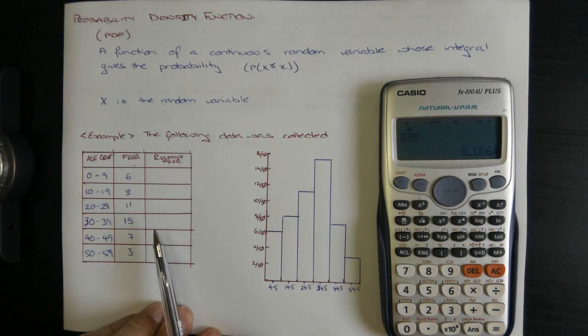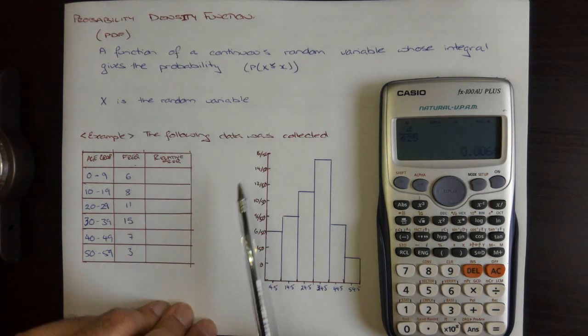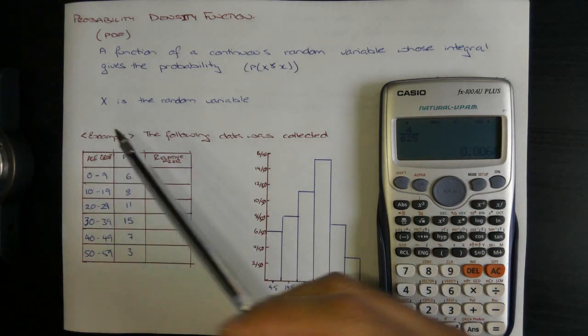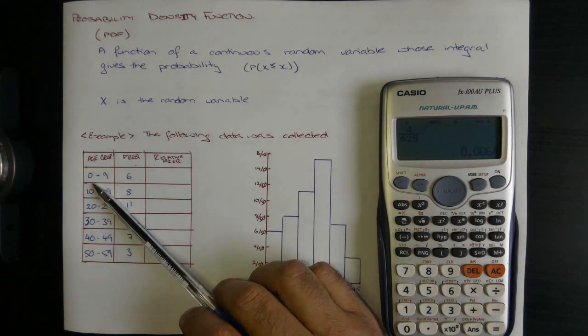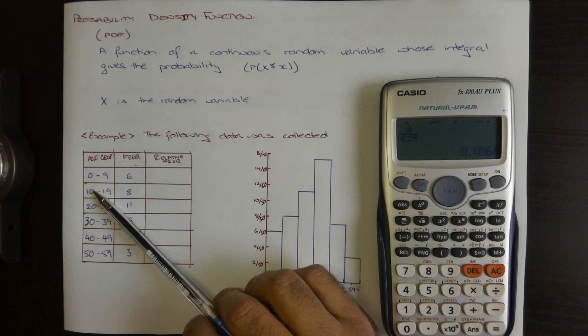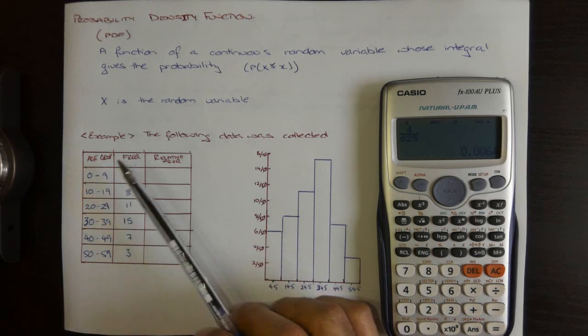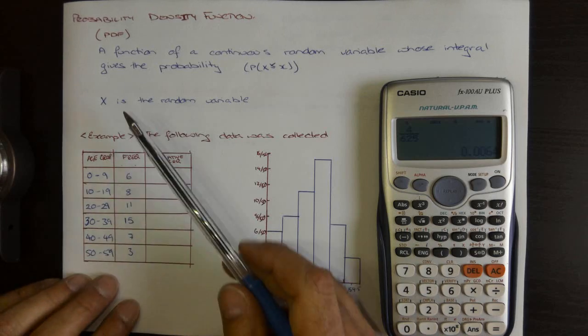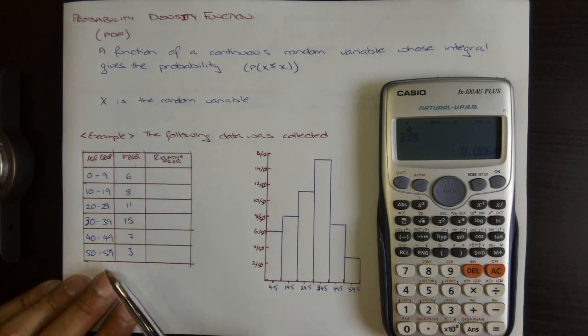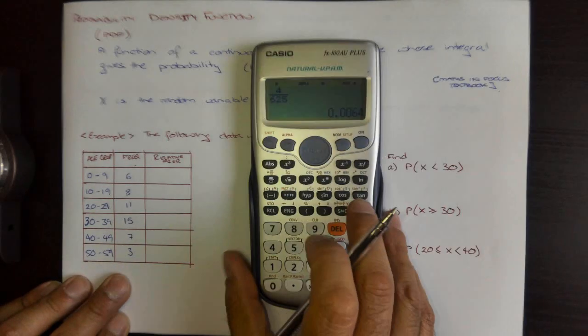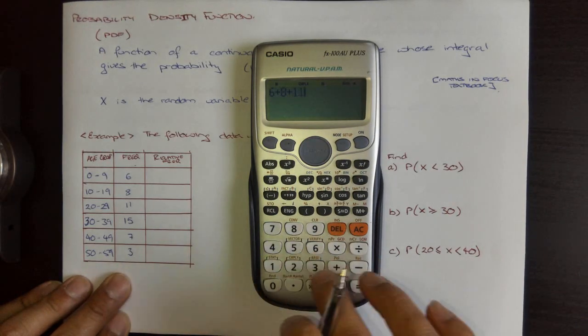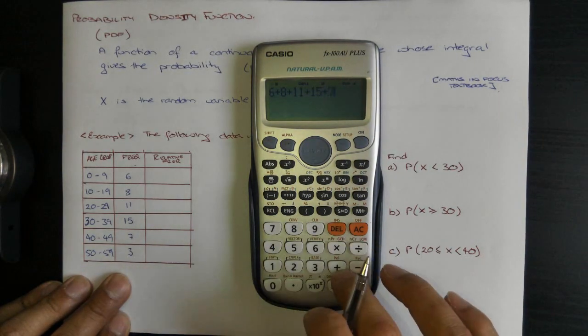Here I've got the following data that was collected. It doesn't really matter, this is, let's say, age group, from 0 to 9, or it could be height of some sort. Here are our frequencies. The total of our frequencies is 50: 6 plus 8, 11, 15, 7, and 3.